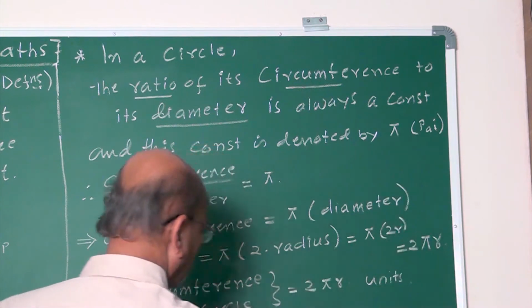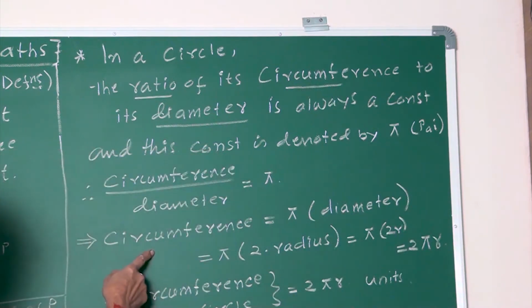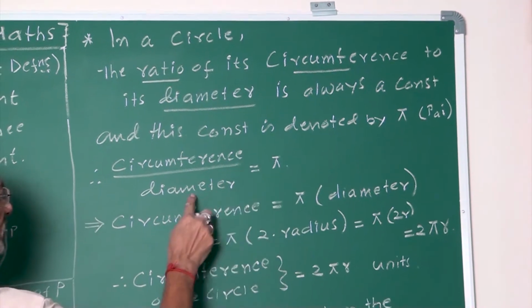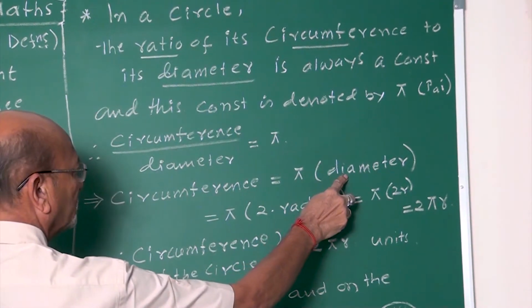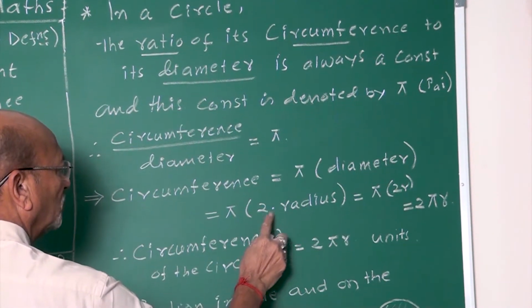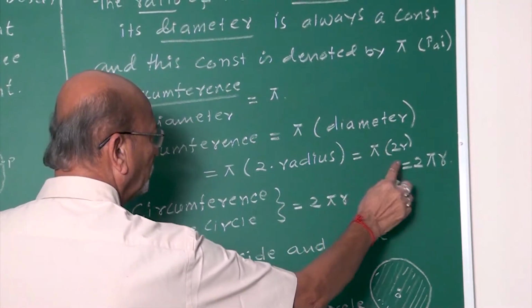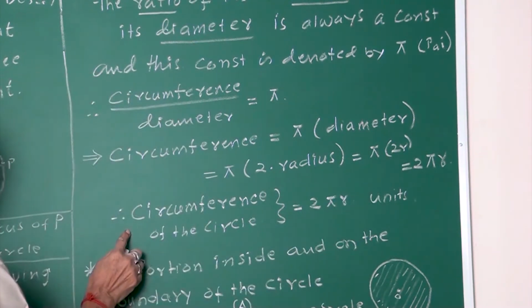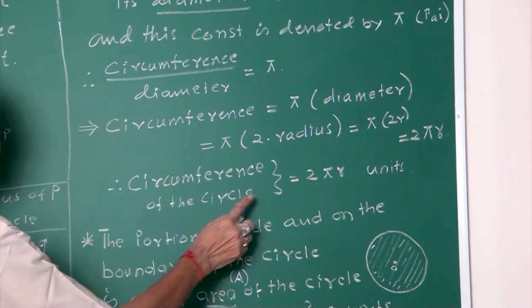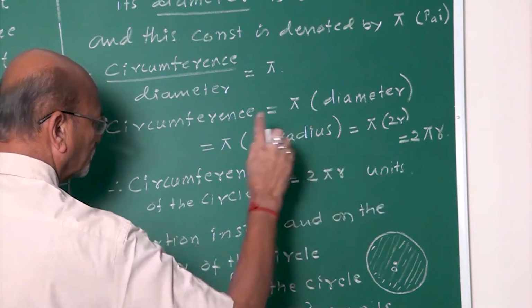I will tell more later. Therefore, circumference equals pi into diameter. But the diameter is 2 times the radius, so if r is the radius, it is 2r. Simplifying, the circumference of the circle is 2 pi r units.